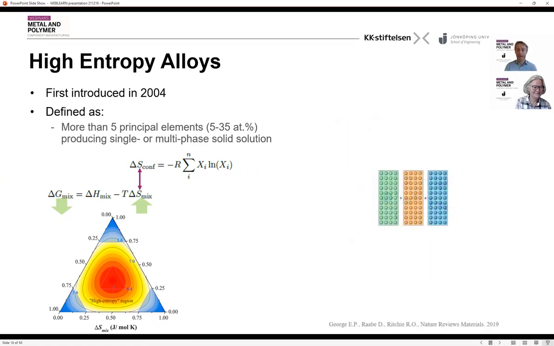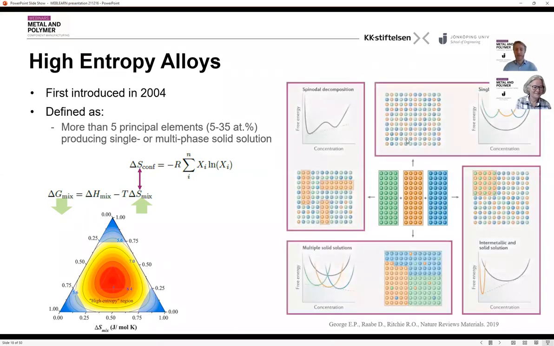But that's not quite the only way we can mix our alloys together. This was quite a nice presentation of the different ways we can mix alloys together in a Nature Reviews paper by George. He showed this nice example where if we take, for example, a ternary system, we can mix our 3 elements and get a single solid solution, which is what we typically talk about in high entropy alloys.